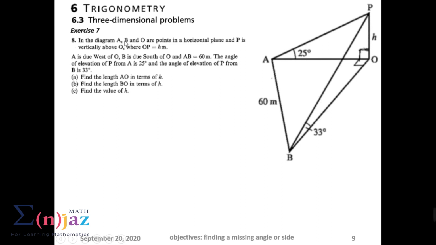In the diagram, A, B, and O are points in the horizontal plane. A, O, B, that's the horizontal plane, which means the face that is sitting on the floor.